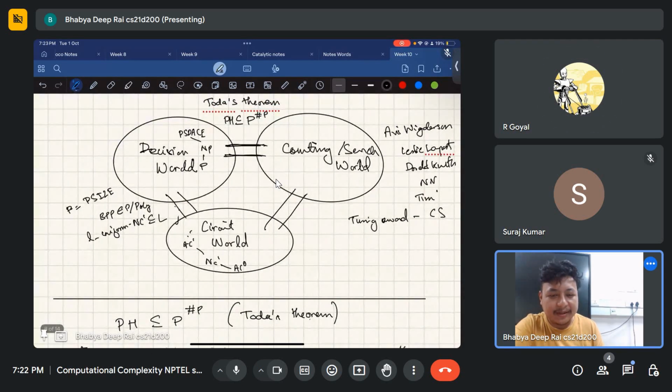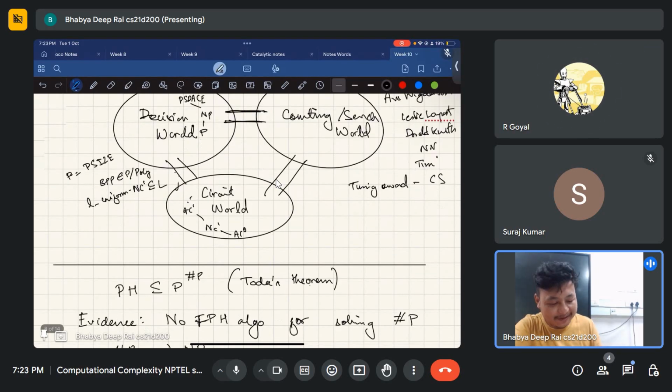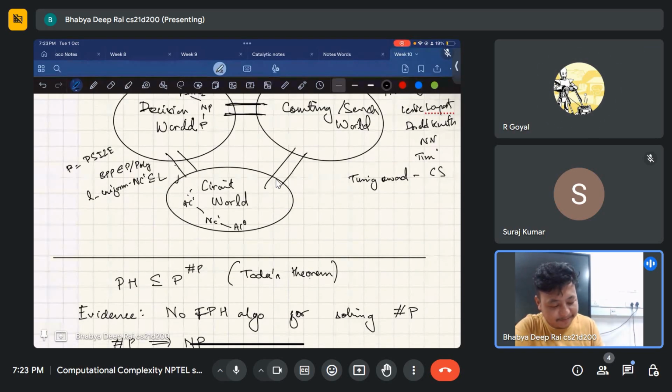He is from Israel, and he got the Turing Award this year. He has given an important contribution to complexity called the KW games or KW theorem.